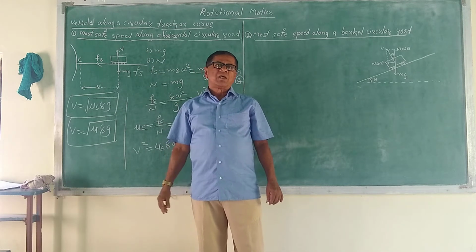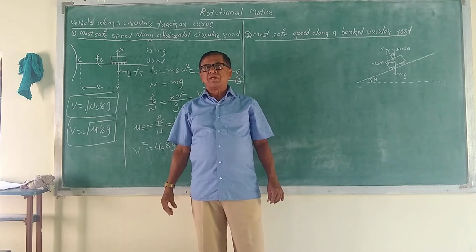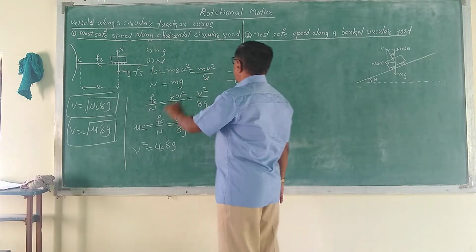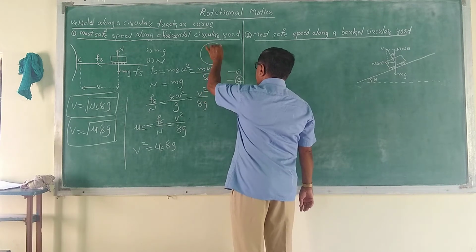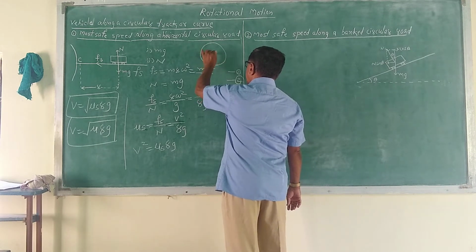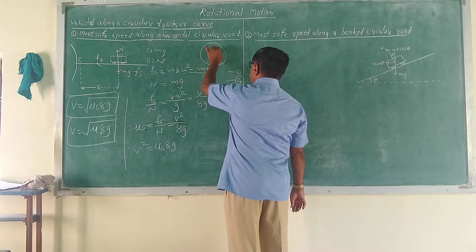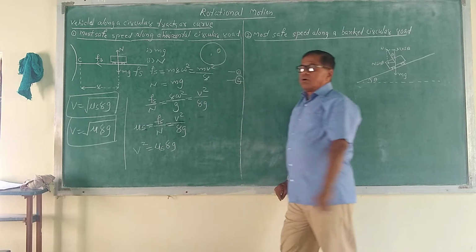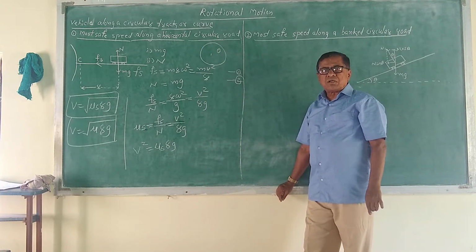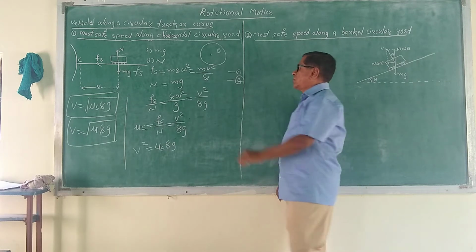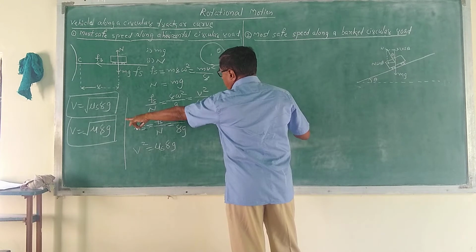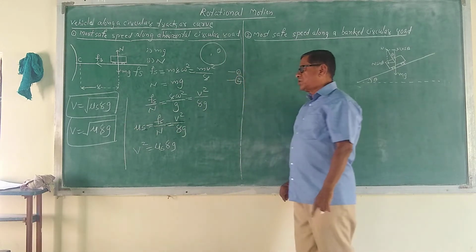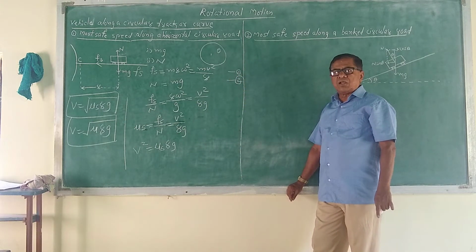This formula can also be used for a gramophone disc. Suppose the disc is rotating, and the coin is kept at this point. For the coin not to slip, the maximum speed v is equal to square root of mu rg, where r is the radius of the curve.